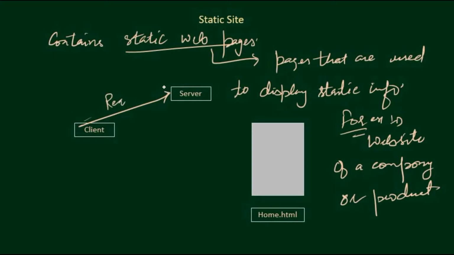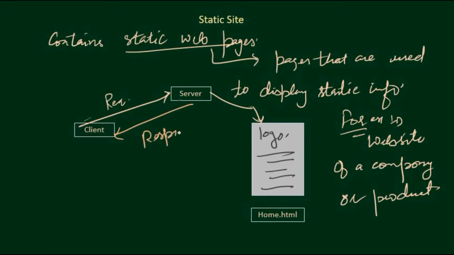Now, the client asks for home.html of a company, sends a request, the server has the page, and on the page is the logo of the company and some information about the company. The server sends the page as a response to the client.